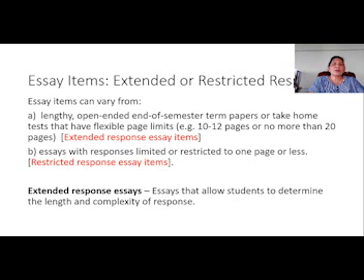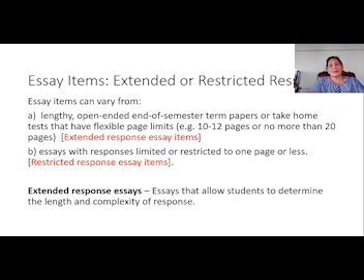I was talking about how essay items vary. Okay? We have extended response essay items, and we have what we call restricted response essay items. The extended response essays allow students to determine the length and complexity of response. That's why it's extended, no? But don't let it be so extended as to make it so boring to read.